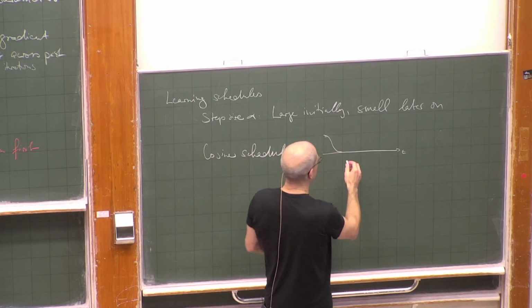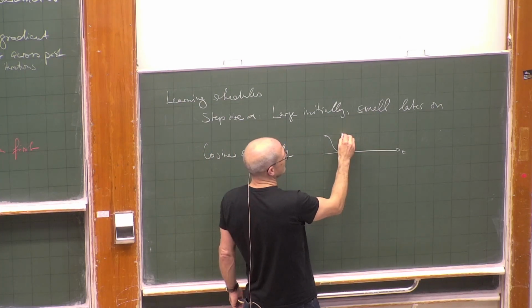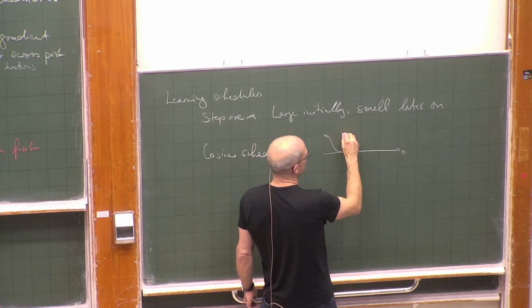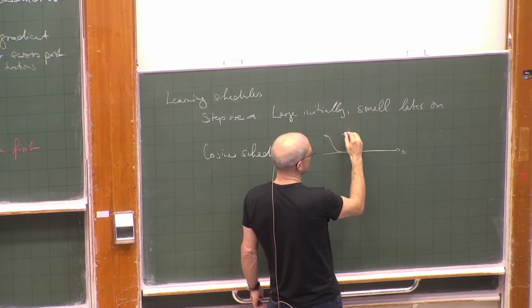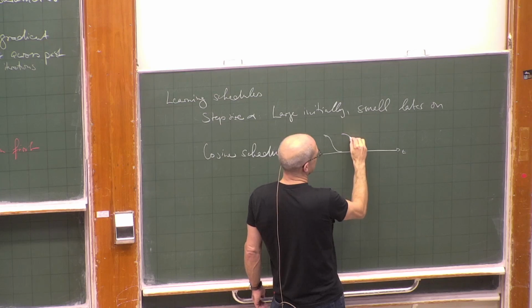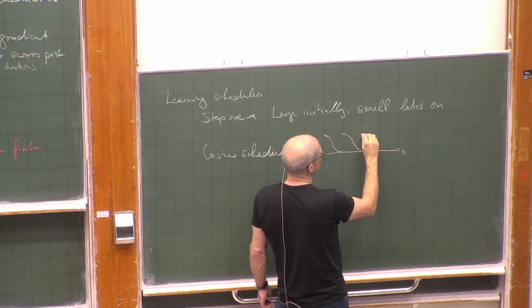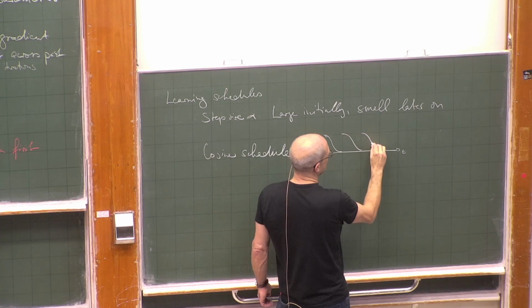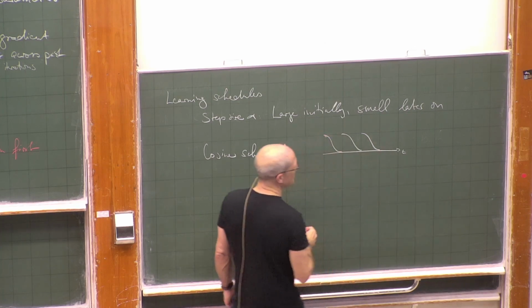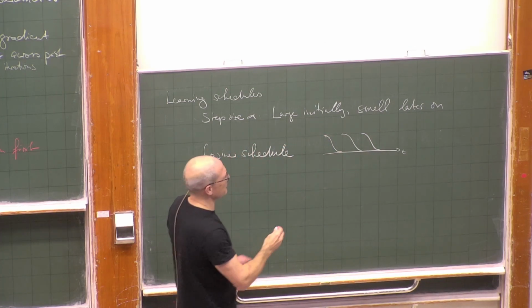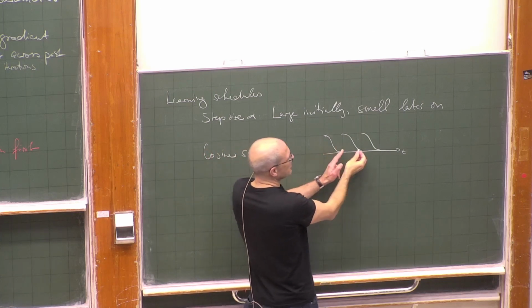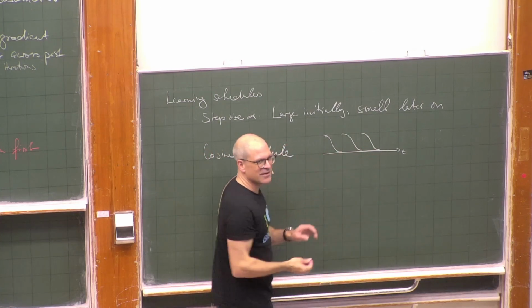And this is what happens here. You then inject energy by using a large learning rate again, and decreasing it slowly, and so on. And then there's not only this version, but also the version when the period of this cosine changes over time.